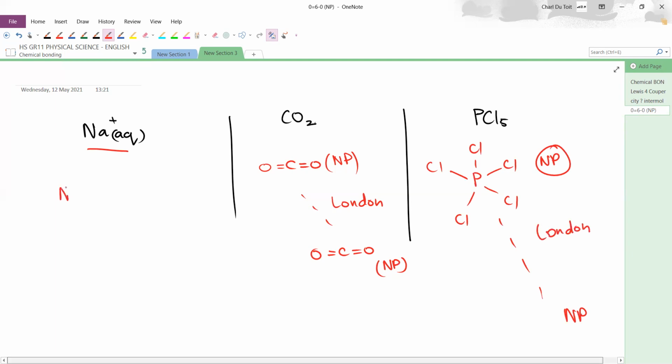Okay, and this one is a sodium ion that's bonded to a water molecule. That aq means in solution. So this gives me ion-dipole forces. Good. Okay, now the questions that are a lot of marks are as follows.